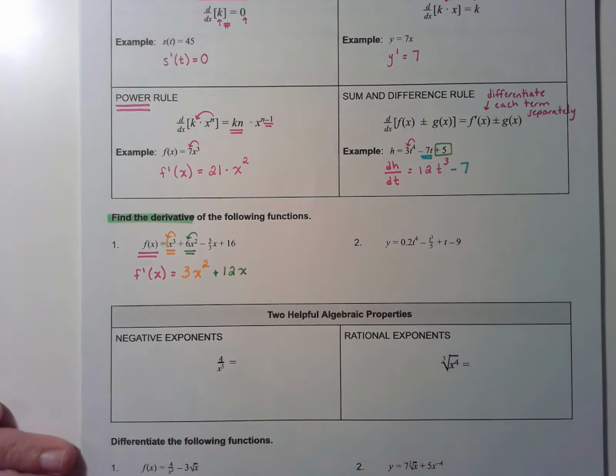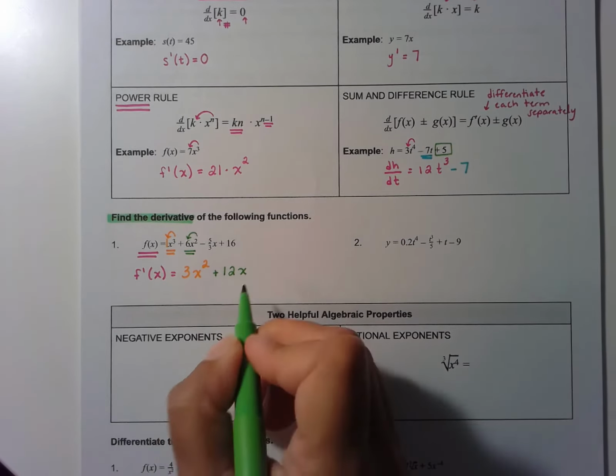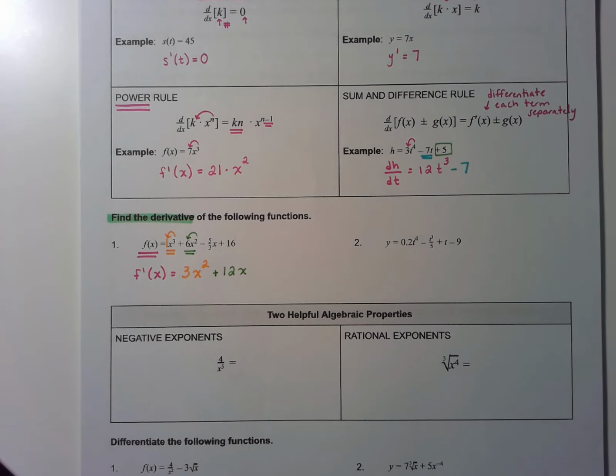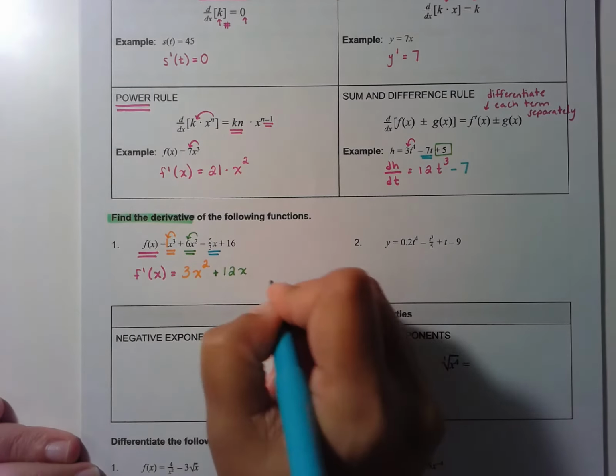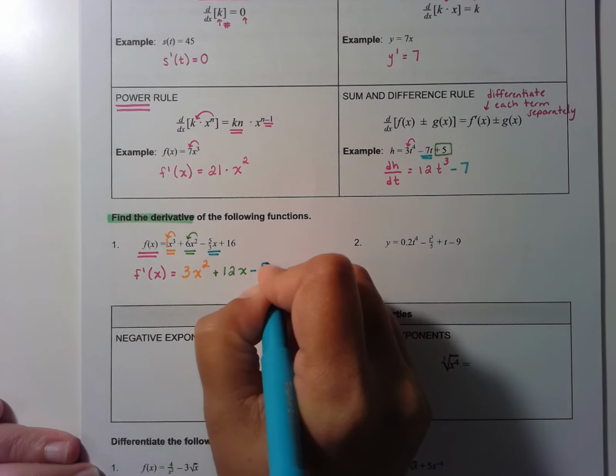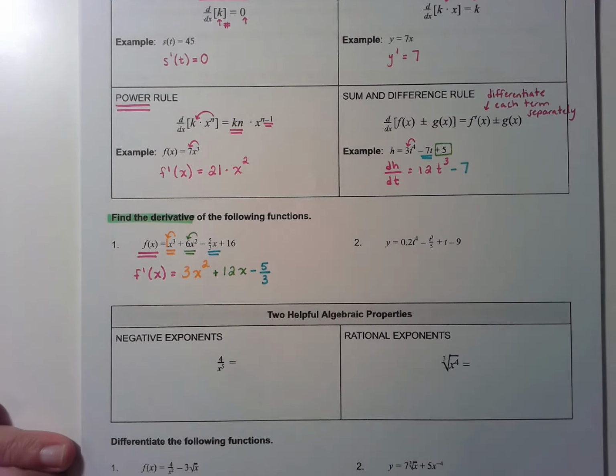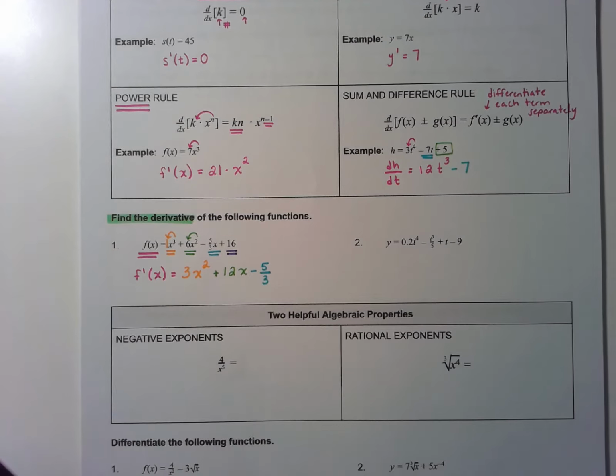X to the 2 minus 1 is 1. So there's like an invisible one here, but you don't have to write that. For the next term, I would use my single variable rule, which means minus 5/3. And for the last term, since it's the derivative of a number, I would not write anything because the derivative of a number is 0.